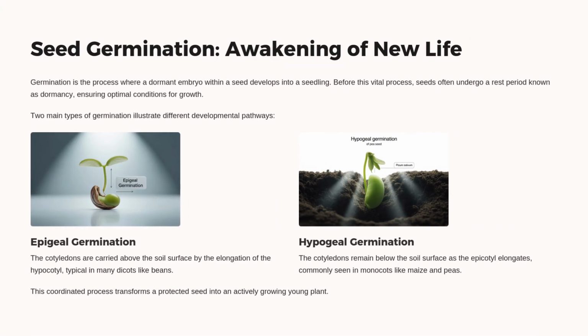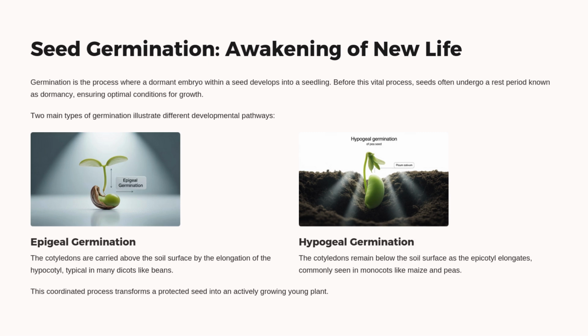Seed germination, awakening of new life. Germination is the process where a dormant embryo within a seed develops into a seedling. Before this vital process, seeds often undergo a rest period known as dormancy, ensuring optimal conditions for growth. Two main types of germination illustrate different developmental pathways. Epigeal germination.